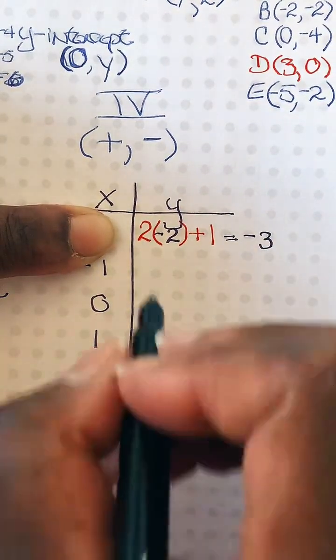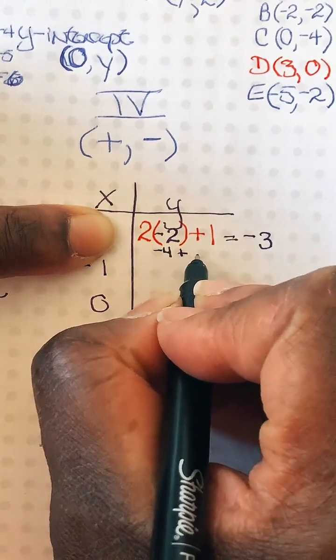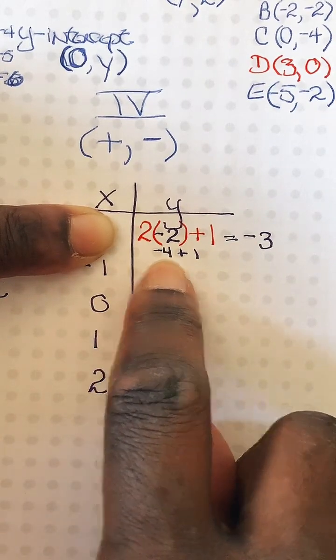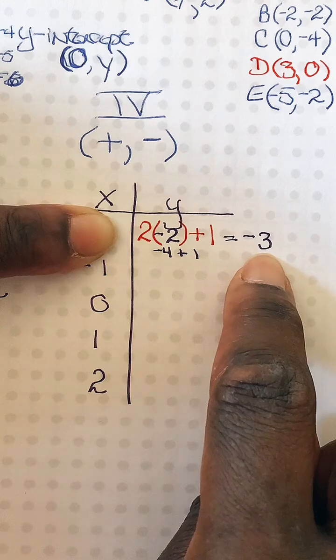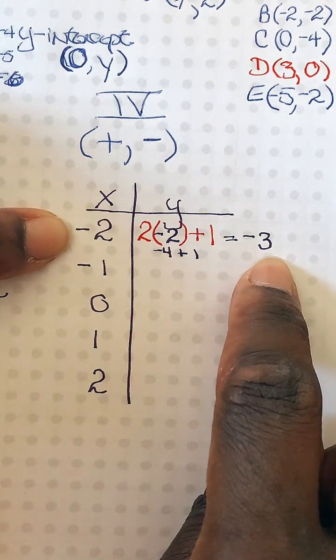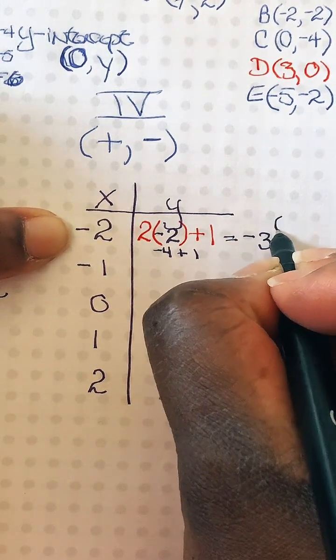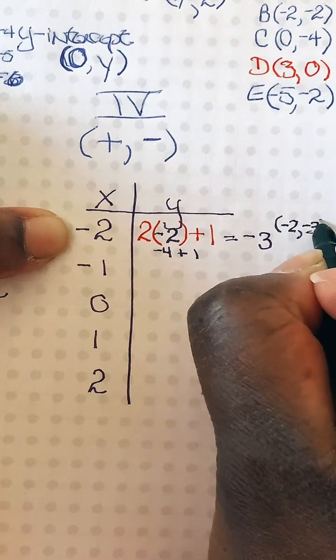So think about it: -4, I owe $4. I paid you $1. That means I owe you $3. What you just created is an ordered pair. So the ordered pair that we're dealing with is -2, -3.